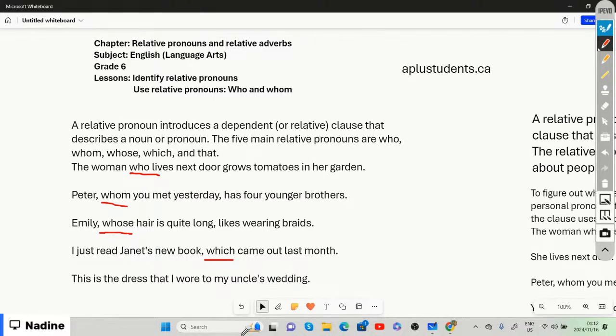And we said, of course, a relative pronoun introduces a dependent or a relative clause that describes the noun or the pronoun. And we use words such as who, whom, whose, which, and that.